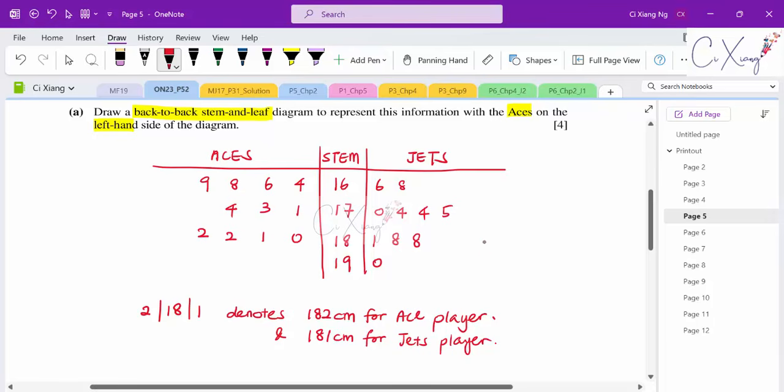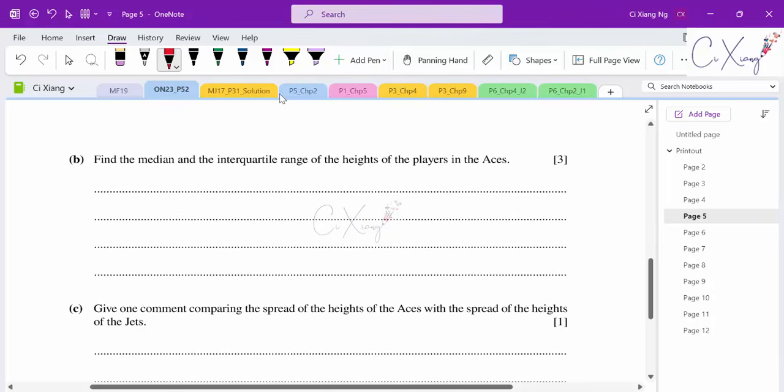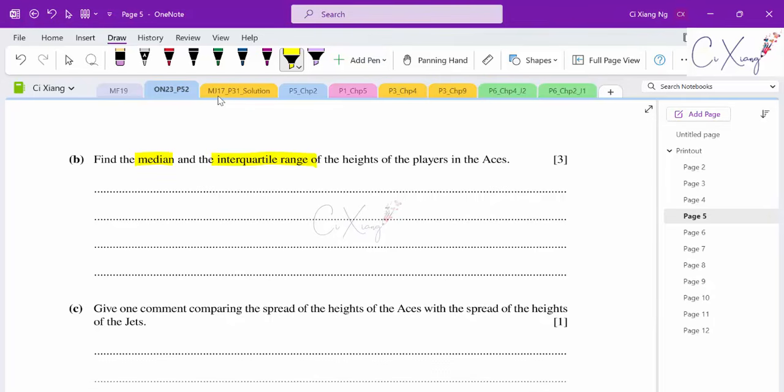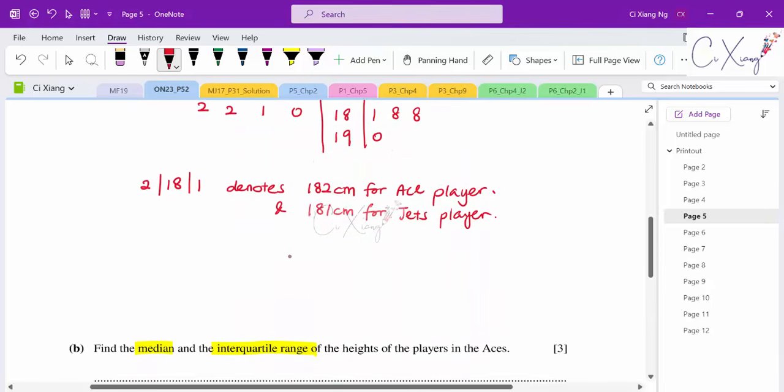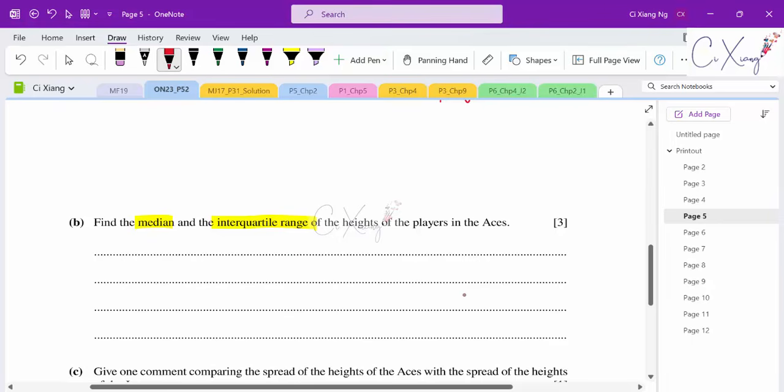Okay, so let's have a look at part B. For part B, they want us to find the median and also the interquartile range of the heights of the players in Ace. If you want, you can try to build the values from the back-to-back stem plot. But for me, maybe I'm lazy to scroll up and down, so what I do is list up all the values here so that you can see more clearly.